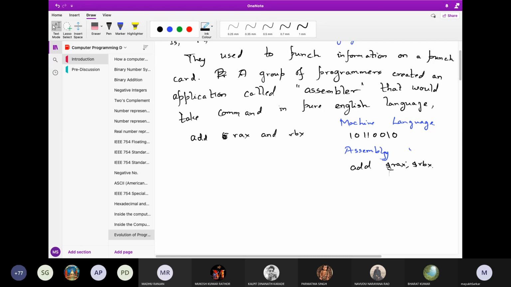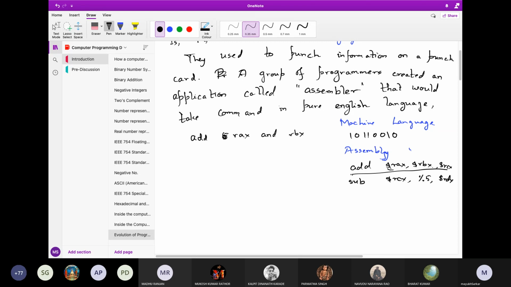Now, the assembly language would look like this. What the assembler does is take each of these lines one by one. Suppose you are going to add RAX and RBX and store the result in, say, RCX. Then maybe you are going to subtract 5 directly from RCX and store the result in, say, RDX, and so on.